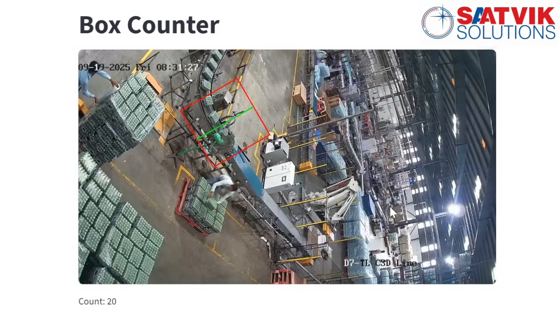In this particular case, it is coming to 100% accuracy. However, based on the shadow and the gap between these boxes, sometimes it does overcounting or undercounting. On average, I have seen the accuracy is greater than 95 percent in any case.